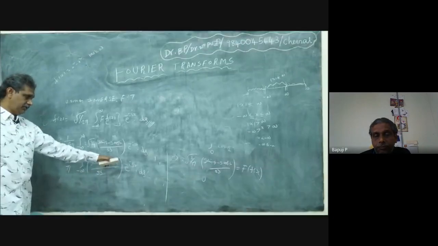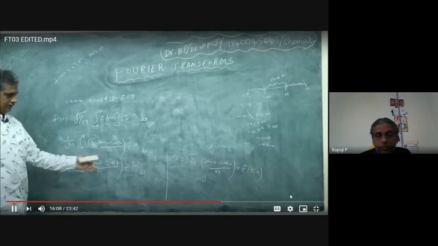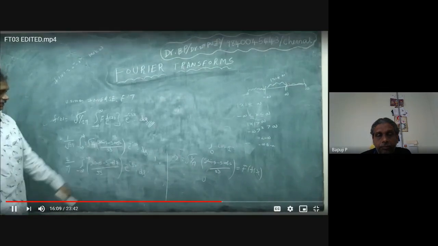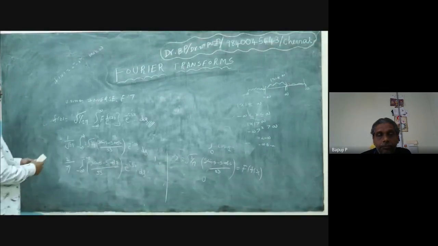Again, my e power minus isx, what I will do is write cos sx minus i sin sx, I know Euler's theorem. So this is how I will write.